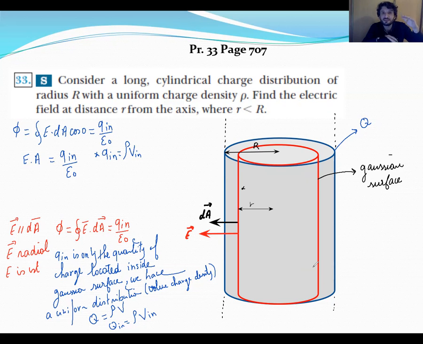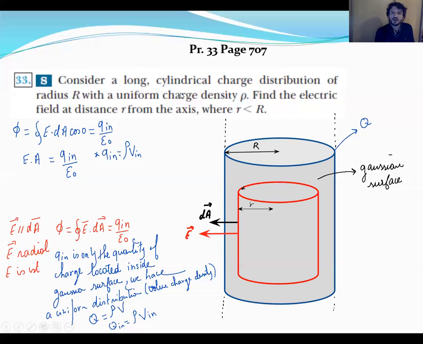It's a limited height. Let me change the height of the red one. As you see, here we have just a length, let's say H, of the cylinder.